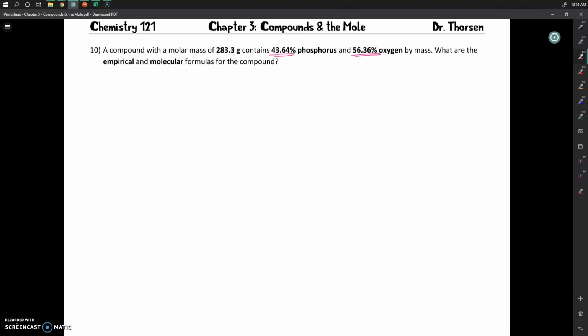The important thing to recognize when we have mass percents given to us is that we're first going to assume 100 grams of the compound so that we can use these mass percents as actual masses of each of those elements.